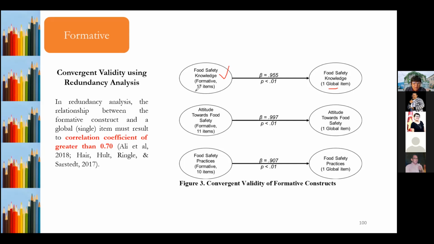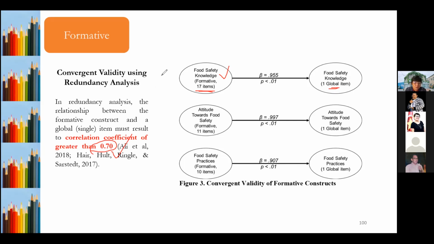So what we do is correlate the 17 items with the one global item. The requirement is that the correlation coefficient must be greater than 0.7. You will see here, food safety knowledge has 17 items and one global item. When I correlated them, it is 0.955, which is greater than the 0.7 requirement.